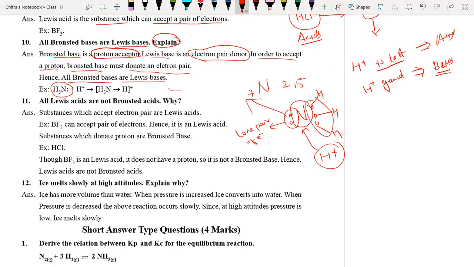So here are two conditions: it is accepting H positive ion, meaning it is a base, and it is donating an electron pair, hence it is the Bronsted base. So all Bronsted bases act as Lewis bases. Is it or not? Yes, sir. Yes.